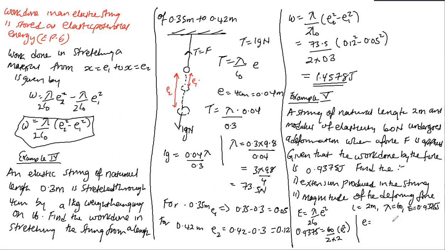Then you can make E the subject by taking the square root of 0.9375 times 4 over 60. Calculator, you can compute and get the answer.